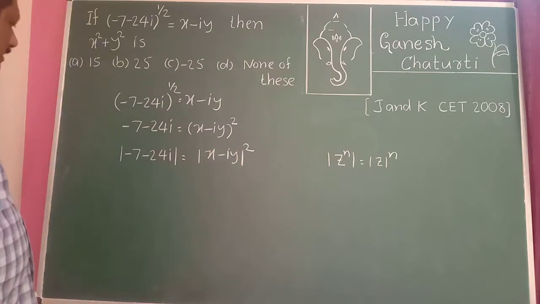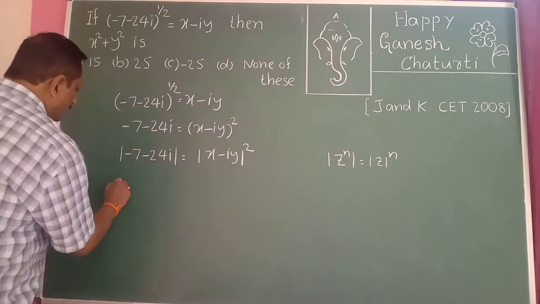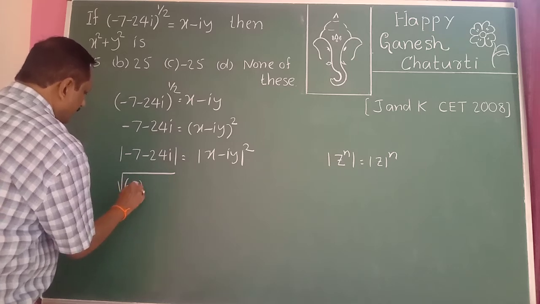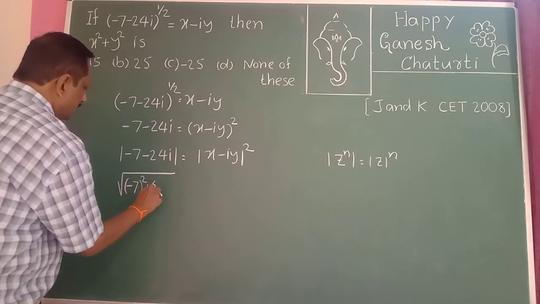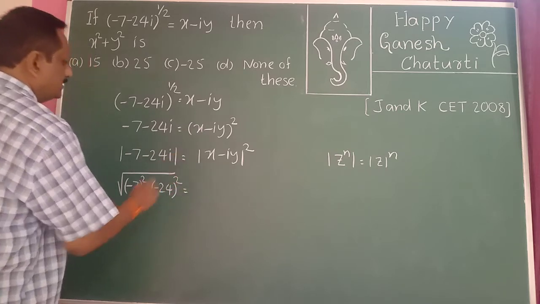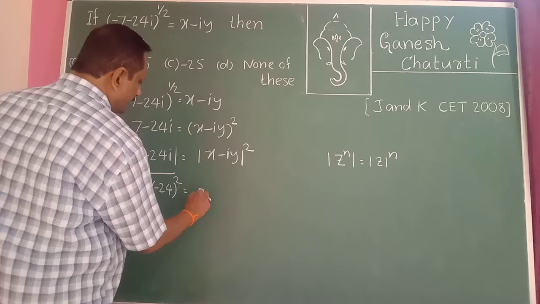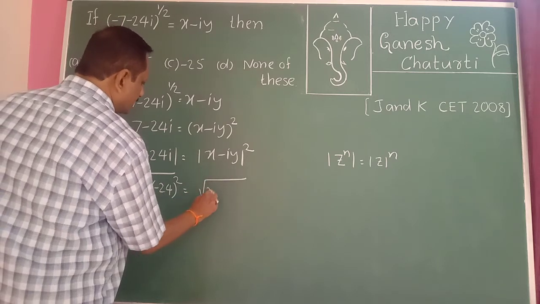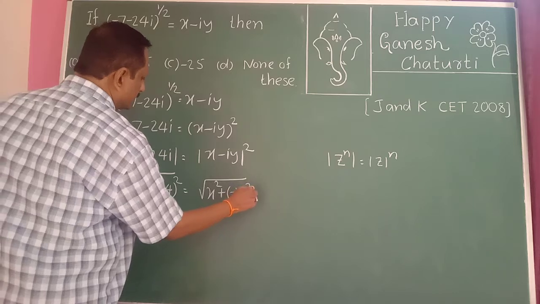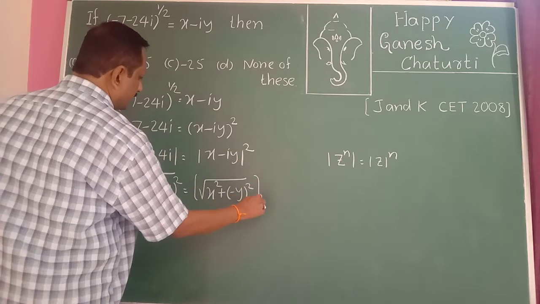Then modulus of this is root of minus 7 square plus minus 24 square, and modulus of this is root of x square plus minus y whole square, whole square.